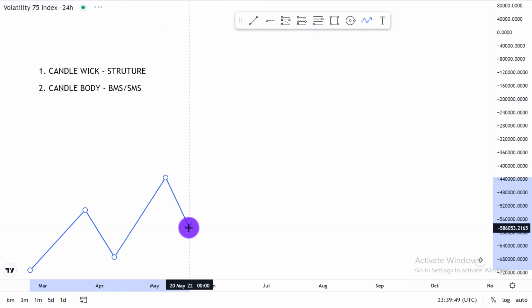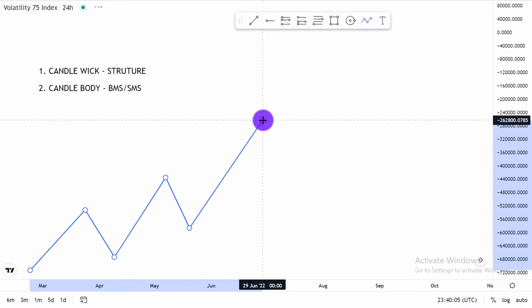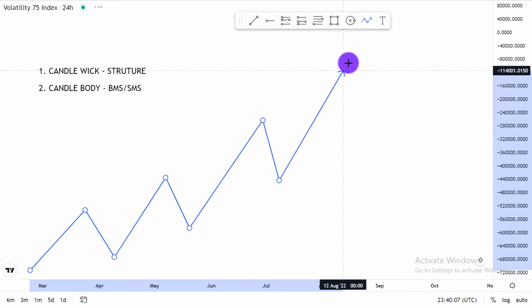Once we have a low here, it's the wick we're identifying, the last wick before price action pushes again. So the last wick here is called the structural higher low. So higher high, higher low, higher high, higher low.